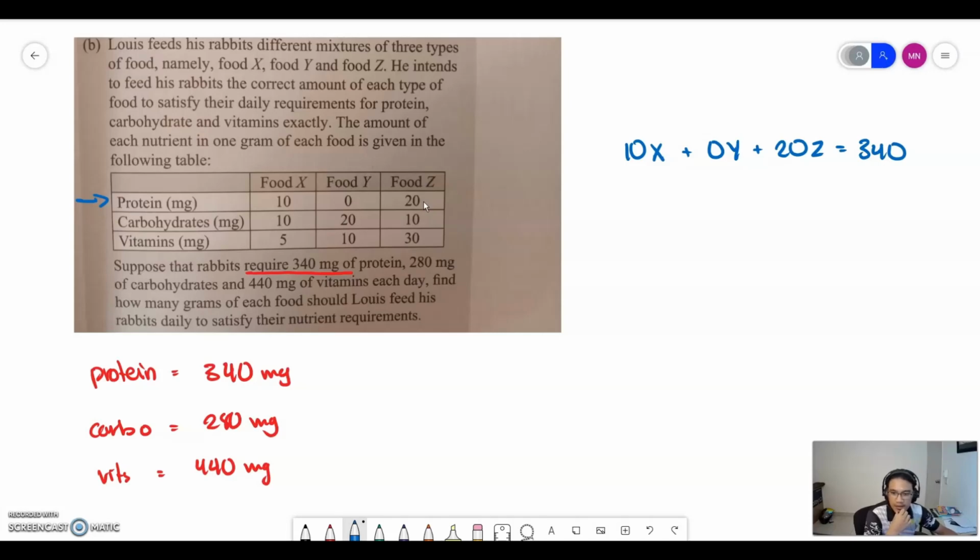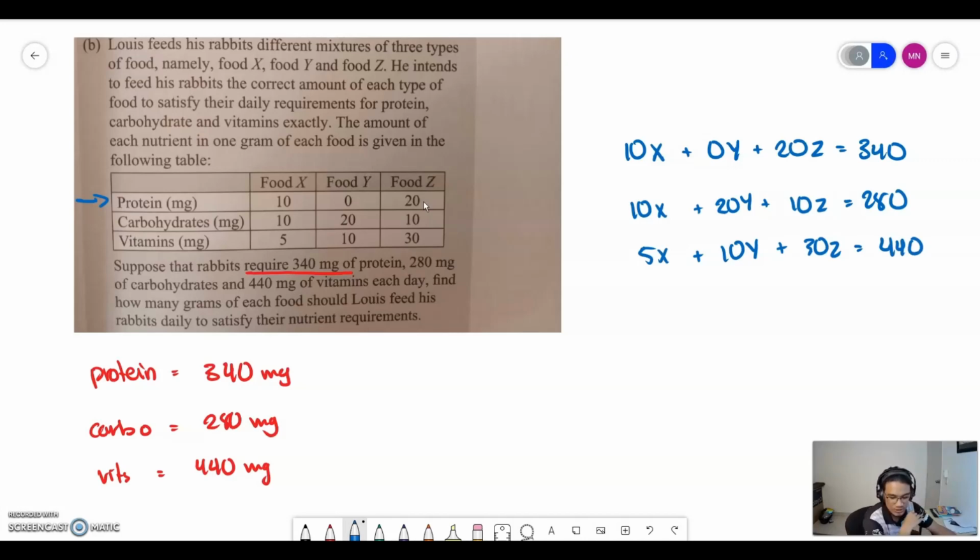For carbohydrate, 10 food X plus 20 food Y plus 10 food Z equal to 280, and then 5 food X plus 10 Y plus 30 Z equal to 440. So these three are the linear equations that we are looking for from the information given.